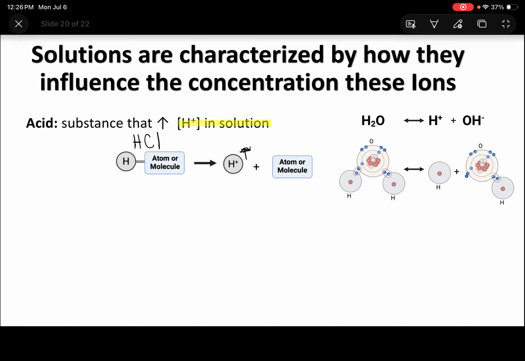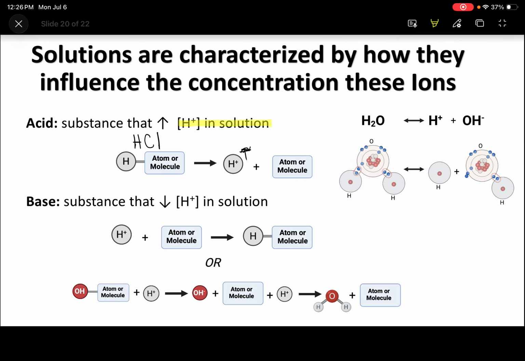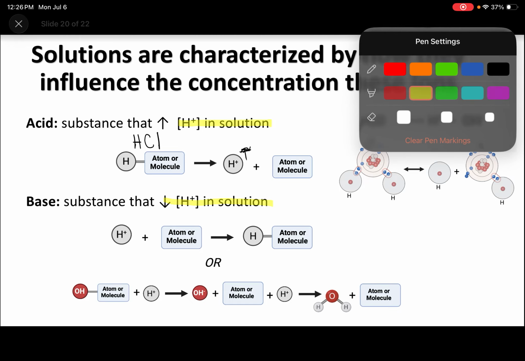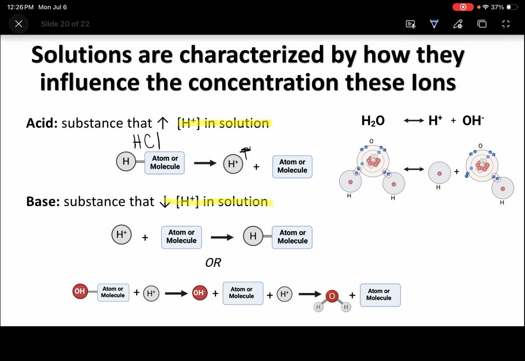On the other hand, bases are going to decrease hydrogen ions in solutions. You can do this by adding an atom or molecule that can then take up that hydrogen proton, or you can add more hydroxide ions. Remember, water splits up into these hydrogen ions and these hydroxide ions.